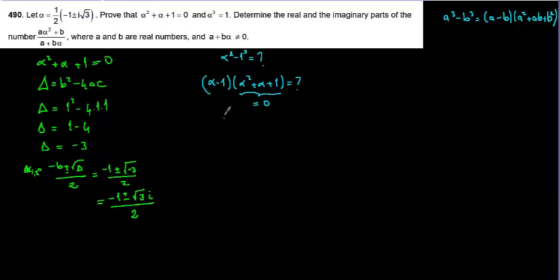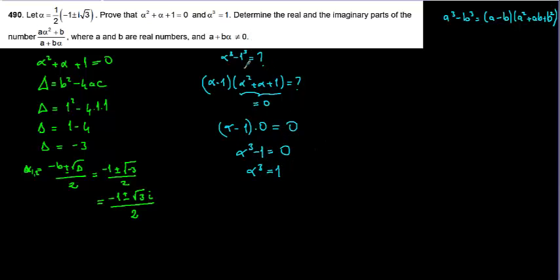So alpha cubed minus 1 is equal to alpha minus 1 times alpha squared plus alpha plus 1, and this value is equal to 0. Alpha minus 1 times 0 is equal to 0. It means that alpha cubed minus 1 is equal to 0, so alpha cubed is equal to 1.